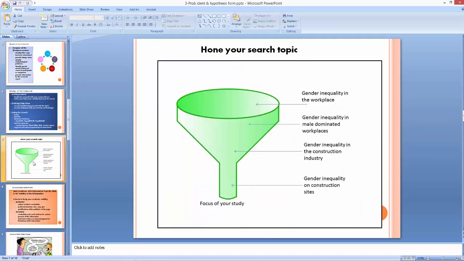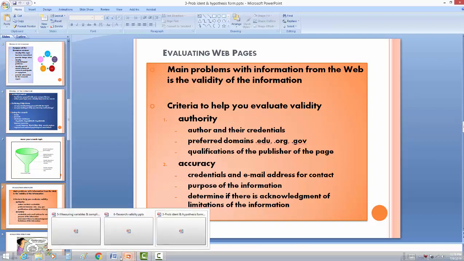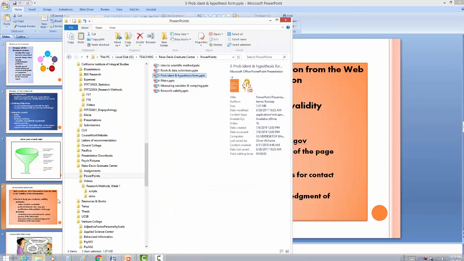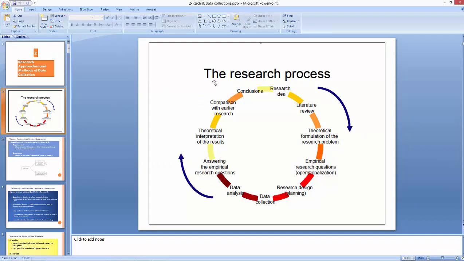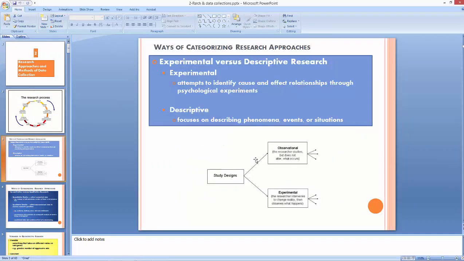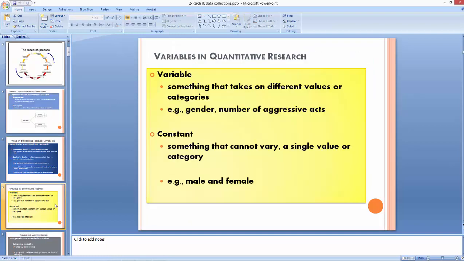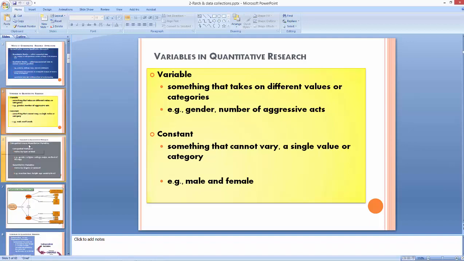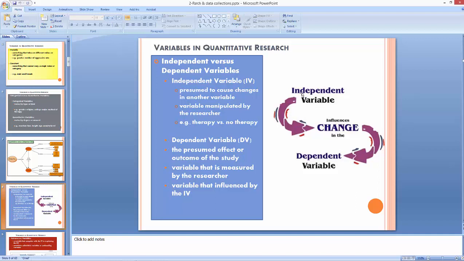We talked about bias, we talked about problem solving, evaluating web pages, data collection, research approaches, the research process which we're going through, different types of study designs, and then variables. So different types of variables, but primarily what is an independent versus dependent variable right here.